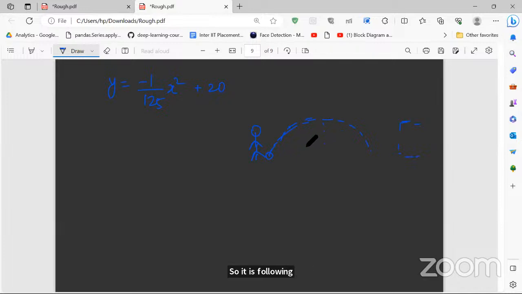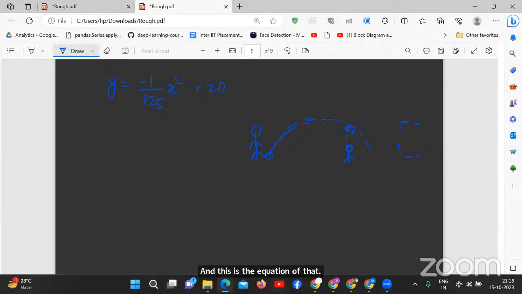Correct? Yes, sir. So it's following some trajectory, and then there's some other player. He just jumped and hit the ball with his head, right? And this is the equation of that parabola.